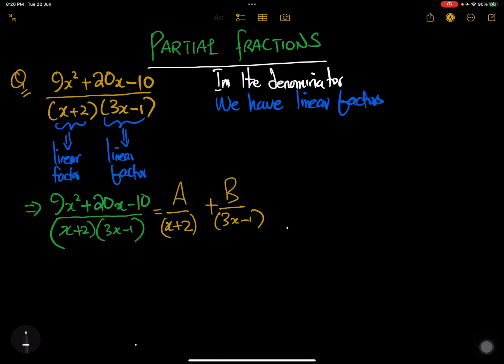Now here, if you look at these two, we are going to apply the addition of fractions. This is a fraction, that is also a fraction, and we are going to add them together.